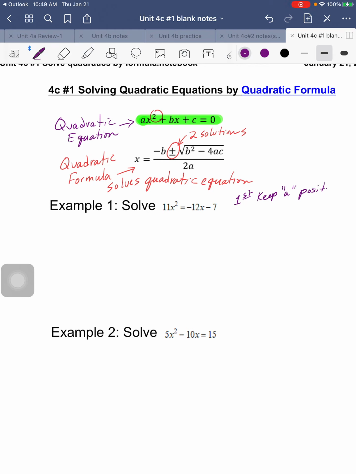You don't have to, but you might get some things a little bit more confused. Well, right here is the a, and it's already positive. So that means it's a little more work, but I'm going to add the 12x to the left side and add the 7 also.